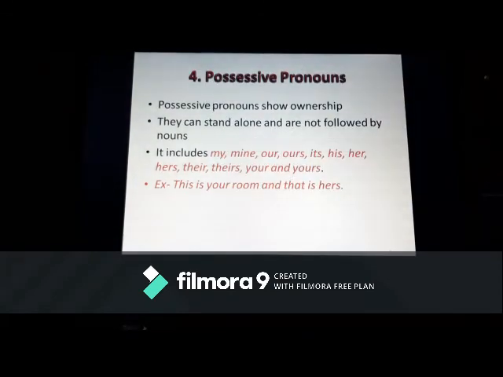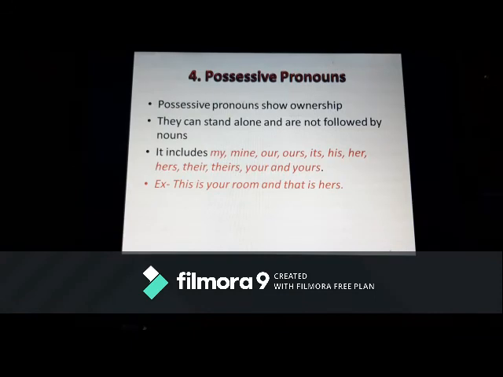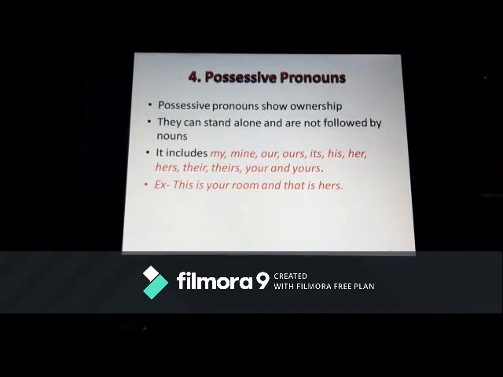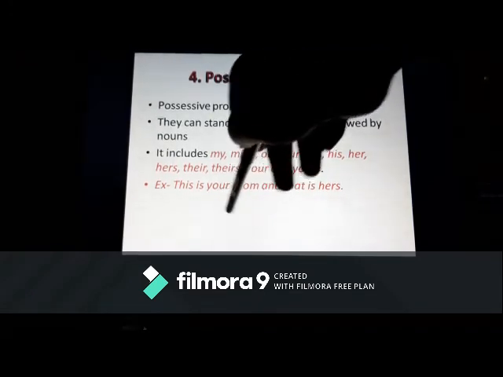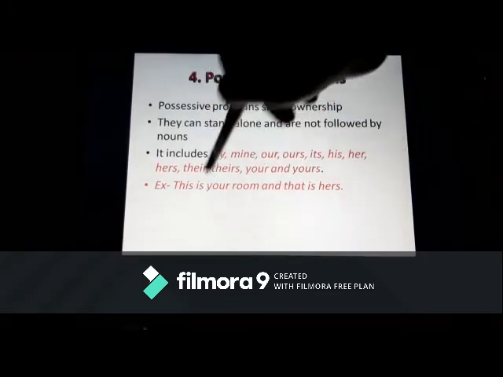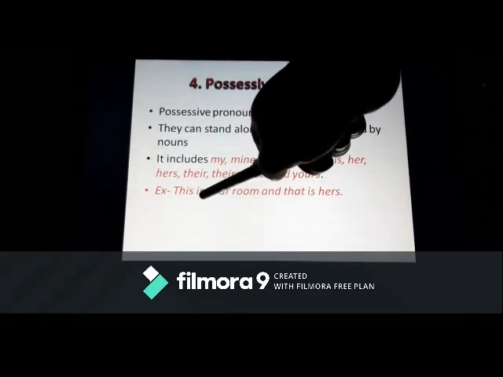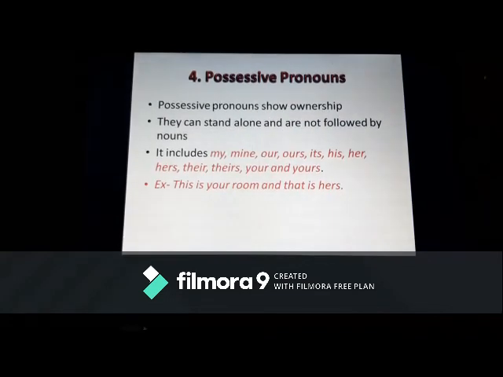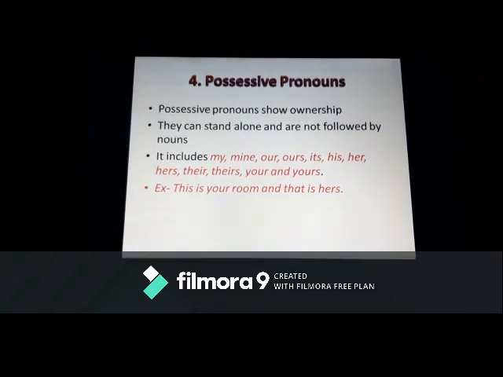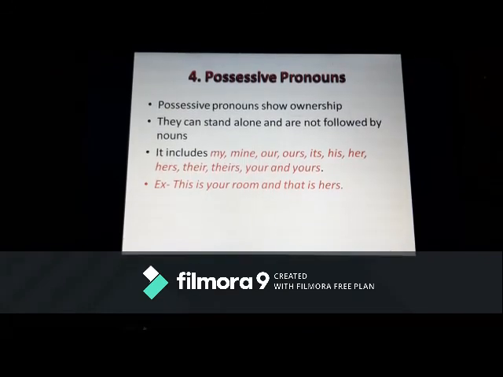If you are asked to underline the determiners in the sentence, what will be the determiners? Your and hers, because possessive pronouns also come under the topic called determiners, right? So let's all remember that this cluster of words is called possessive pronouns.